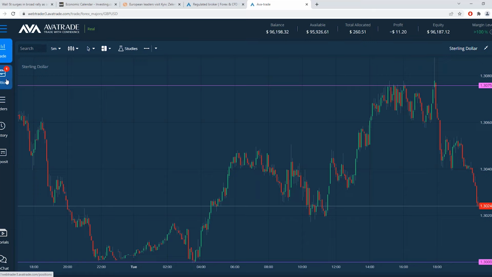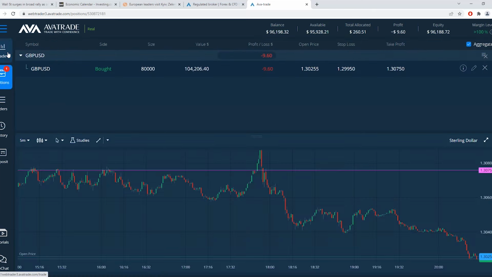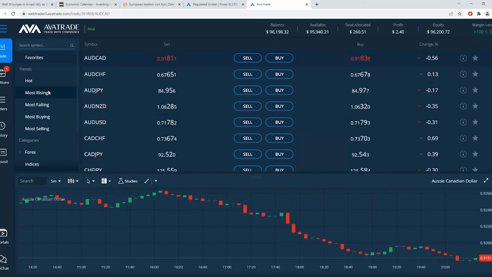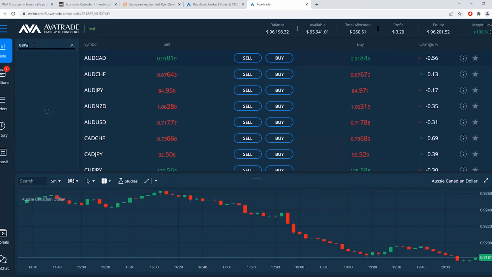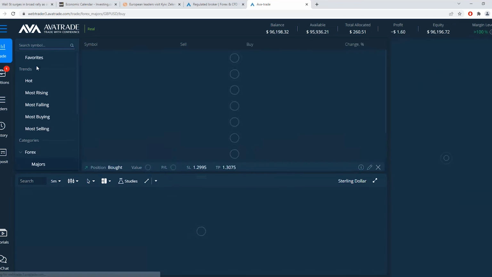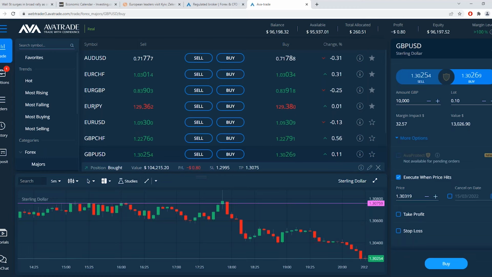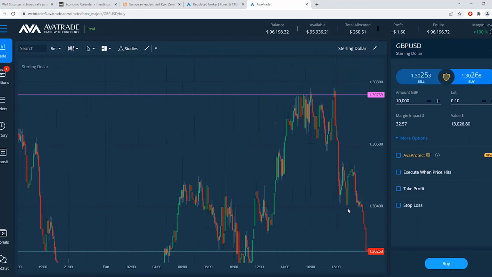Now, I also can do a pending order, which really could make sense here. So let me go back. Let's do the GBP again. Now, how do you do a pending order? That was a market move, but we were talking about doing a pending order. And so you would want to say execute when price hits. Let me expand the chart again.